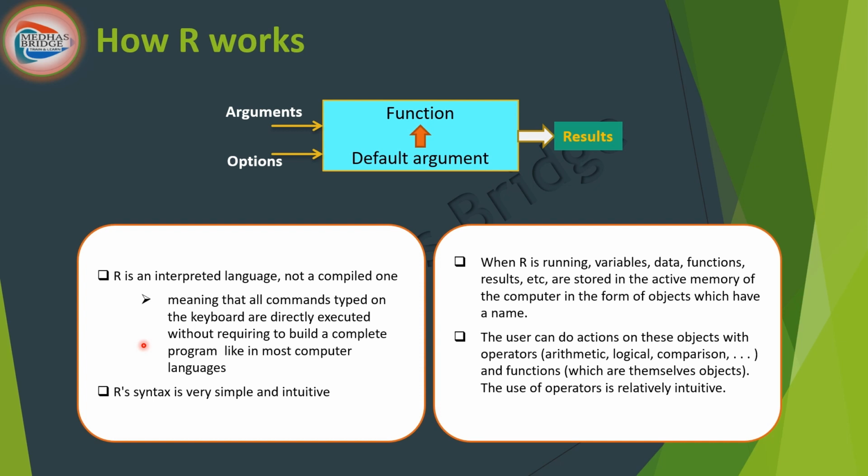The user can perform actions on these objects with operators like arithmetic, logical and comparison, and functions which are themselves objects. The use of operators is relatively intuitive. We give arguments and options as input to the functions, and we get results as output.